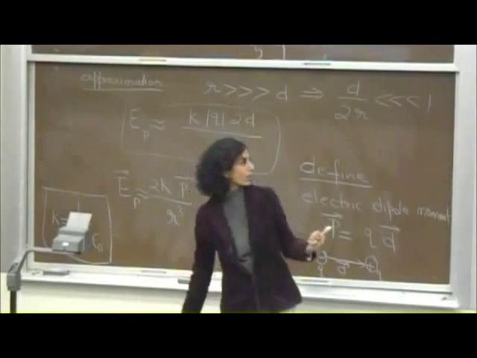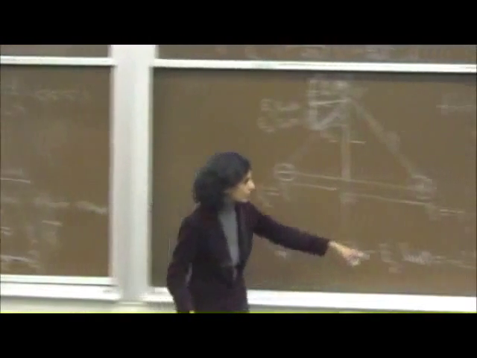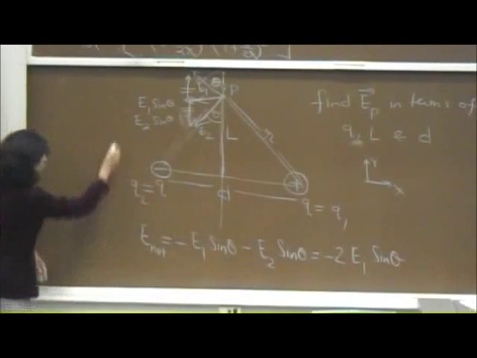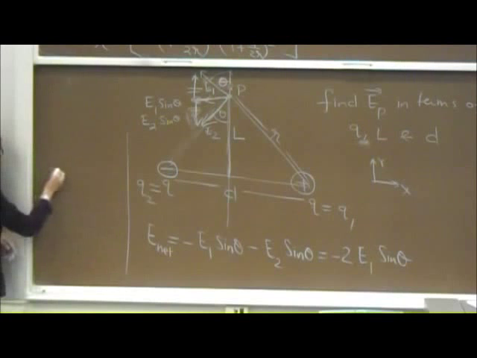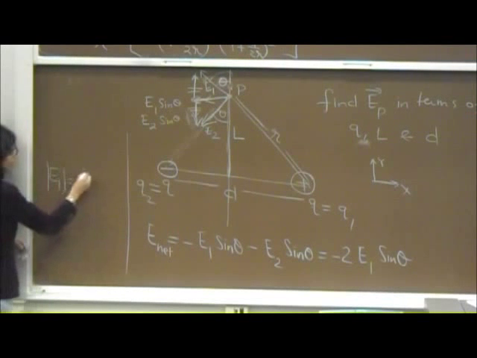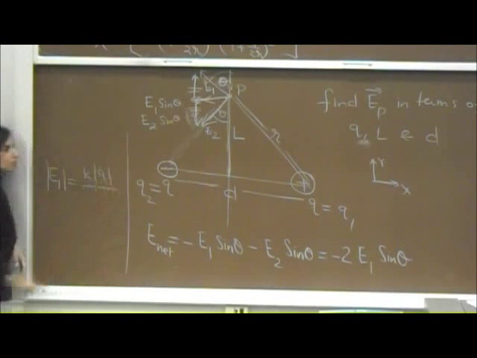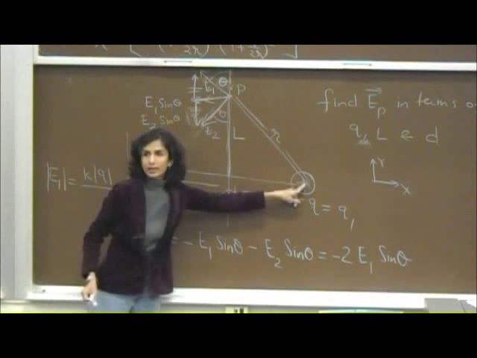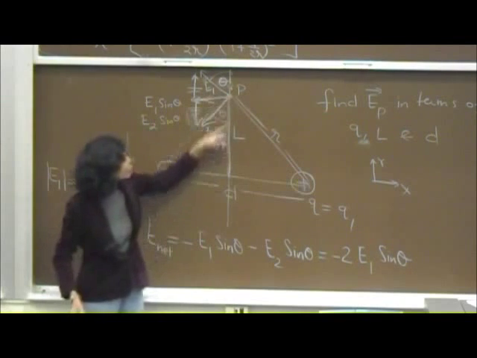Okay, who wants to tell me what is the magnitude of E1? Because I'm going to, at this point, let you guys do most of the work. E1 will be k times Q divided by which distance squared? R squared, right? And what is R squared in terms of things we know?